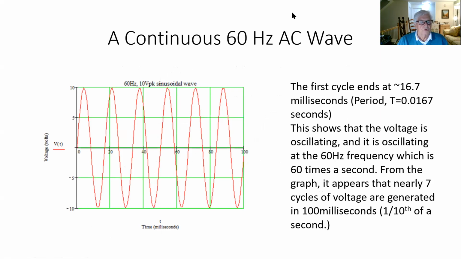This sinusoidal function where we measure time in milliseconds. So we're looking at the output from the wall, a 10 volt output, and how it varies in the first 100 milliseconds. 100 milliseconds is only a tenth of a second, so there's a lot going on in very short times.